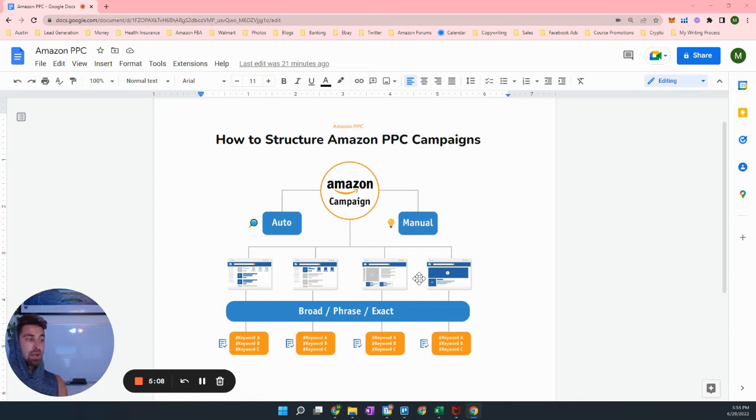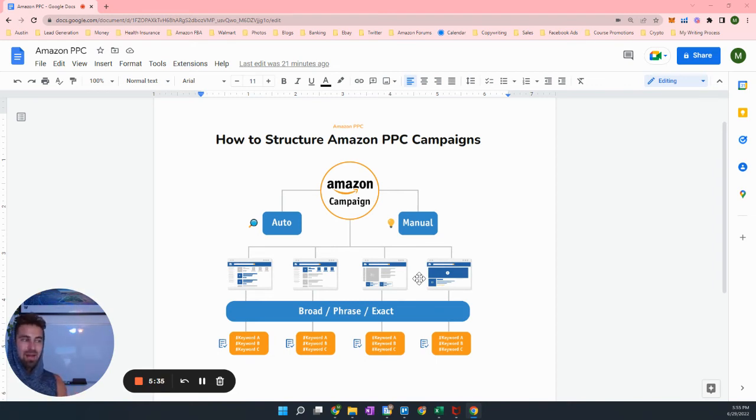So if we're talking about screwdriver and you negative hammer, nails, maybe you have a black screwdriver, so you negative all other colored, like white, blue, then all of a sudden you're teaching the algorithm how narrow and kind of where to show your ad without having an exact target.